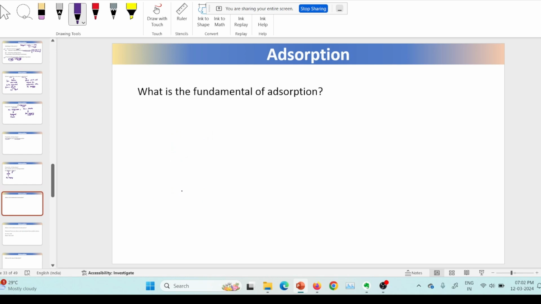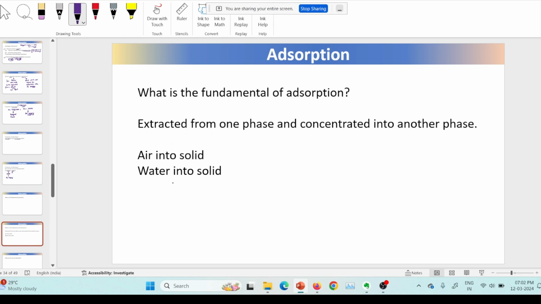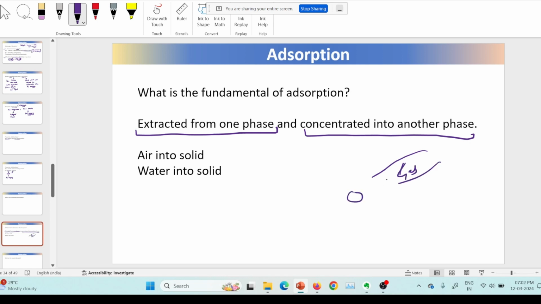What is the fundamental of adsorption? In adsorption, what happens? Extraction of one phase and concentration into another phase. So let's say this is gas. If gas has some pollutant, it can be adsorbed over this solid phase.